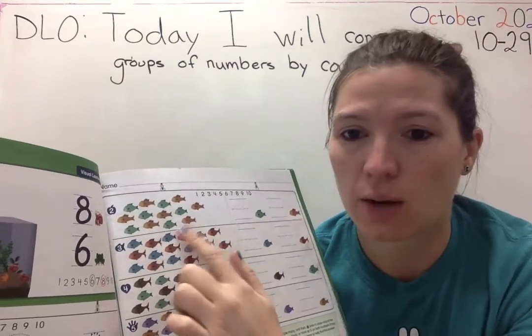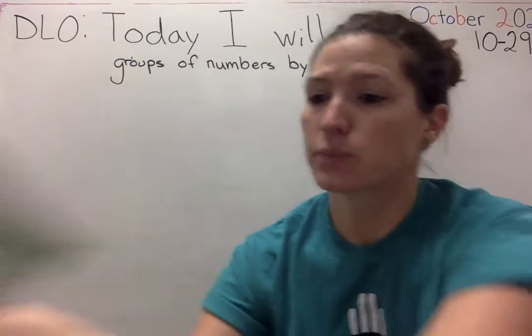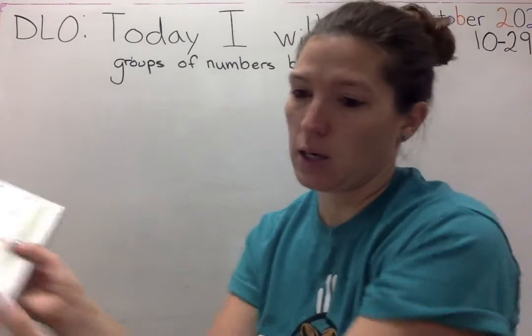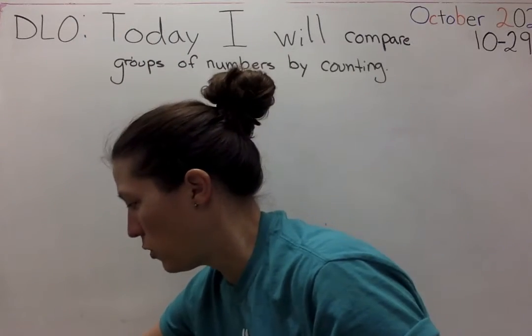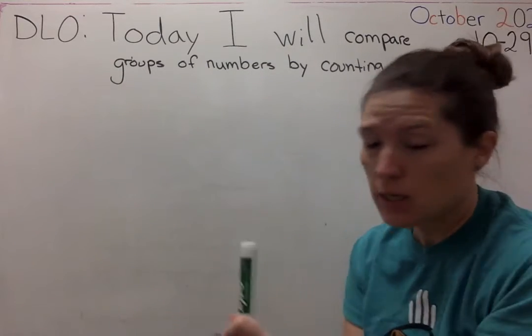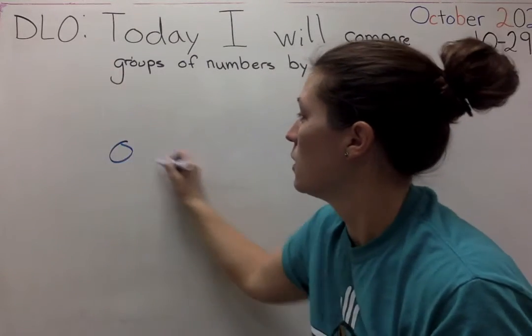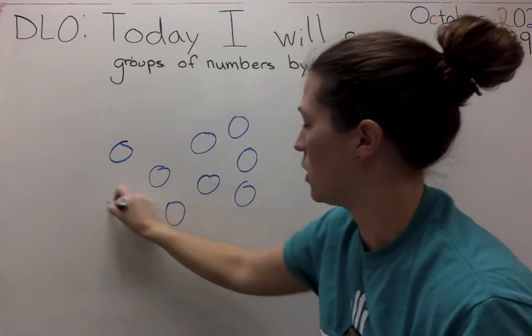You can touch and count them, but then what if you skip one and you forget to go back? So I would take your pencil and cross them out. I can't cross them out on my dots, so I'll start with a few, just drawing them. And I'm going to do my cookies, my little circles, because those are easiest for me to draw out here.